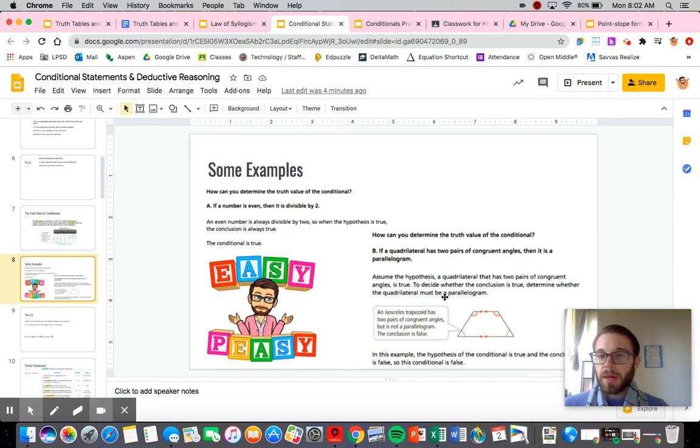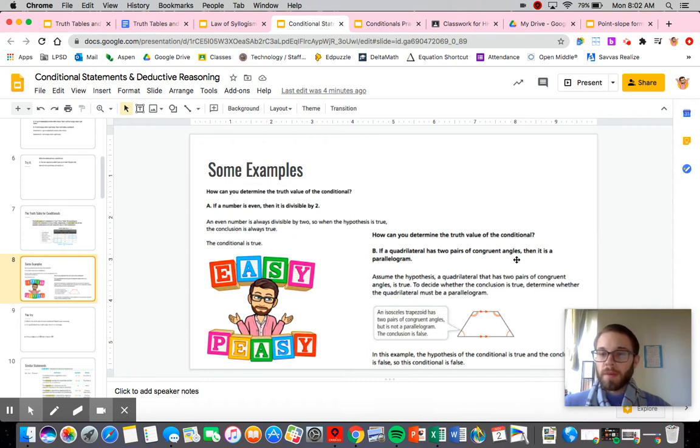So in this particular case, we're assuming that we have a quadrilateral with two pairs of congruent angles, right? So we're saying that is a truthful thing. However, down here, we've illustrated that it's not a parallelogram. We can have an isosceles trapezoid, where we do have two pairs of congruent angles.